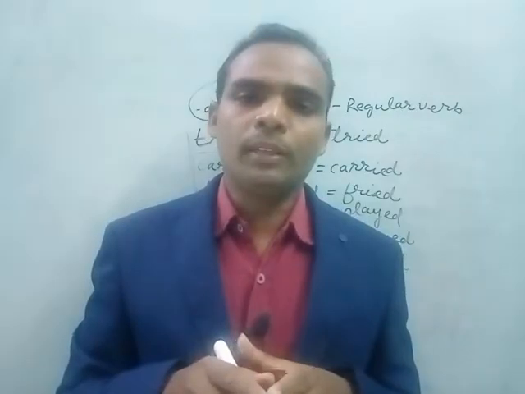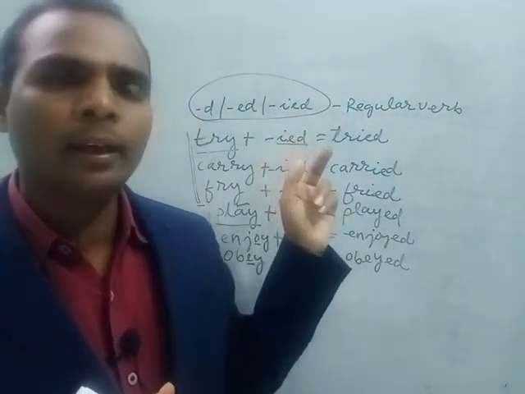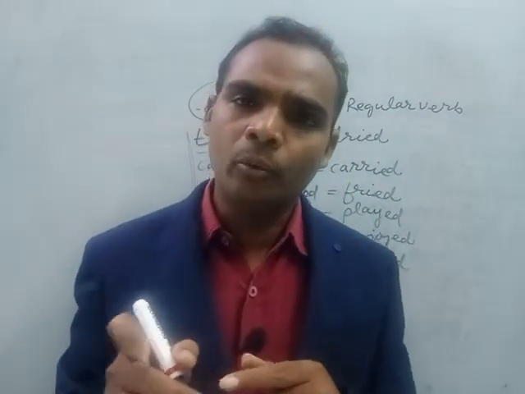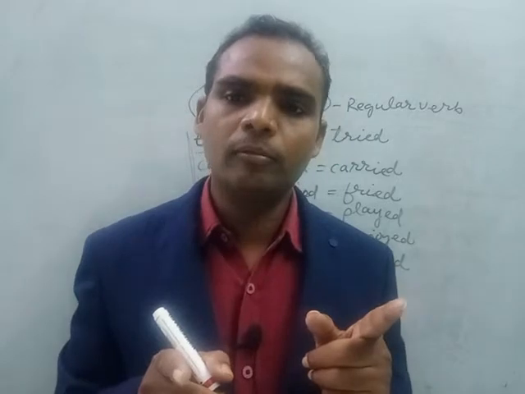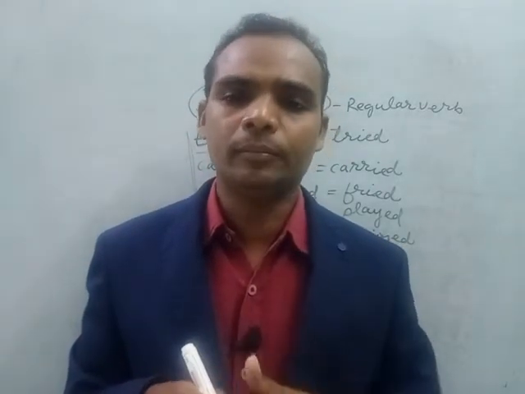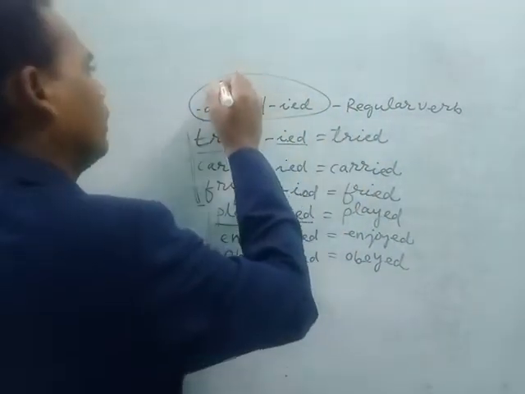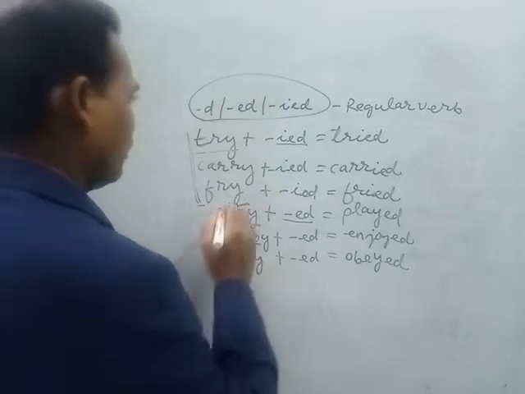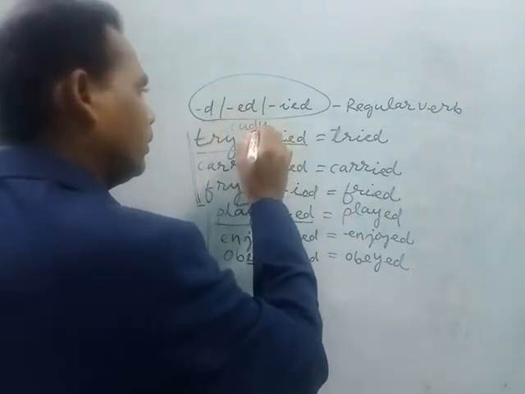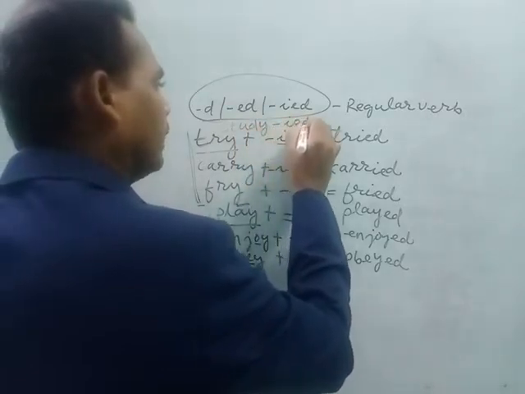Some more examples here I am giving. Suppose reply, before Y, L is a consonant, means ied, replied. Study, suppose study, I am giving some more examples. Before Y, D, means here you have to add ied.